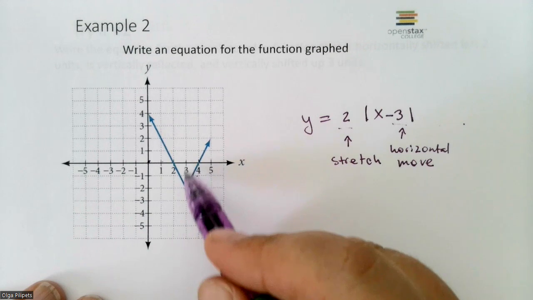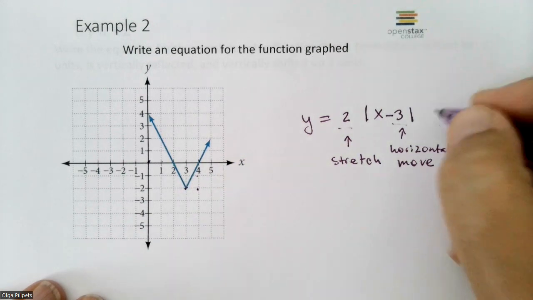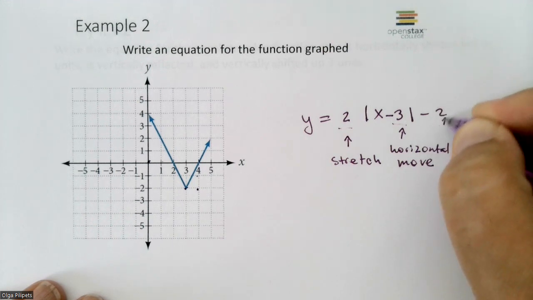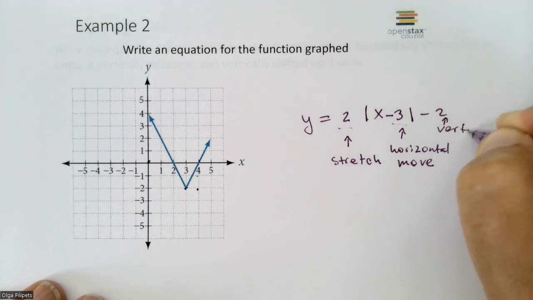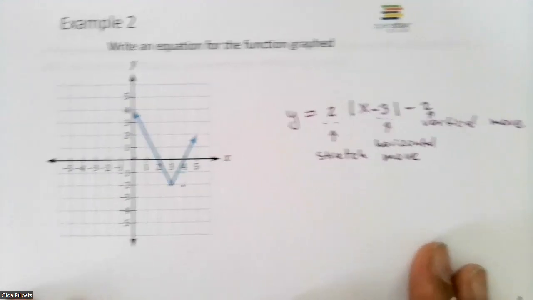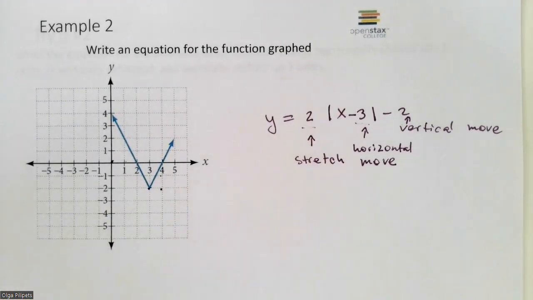And it goes 2 units down. So minus 2 is our vertical move. So this is how we write an equation of the function by looking at its graph.